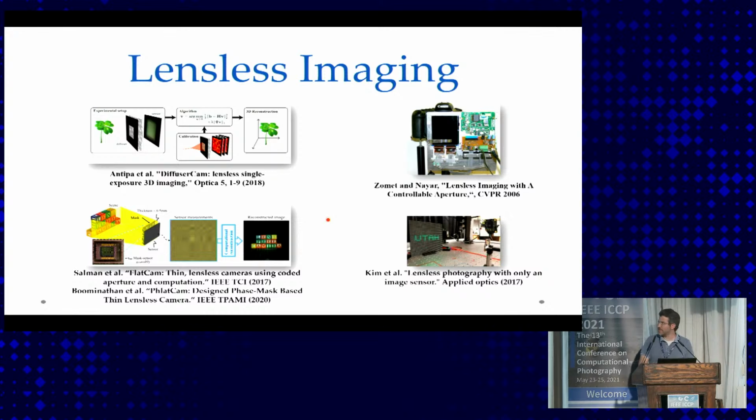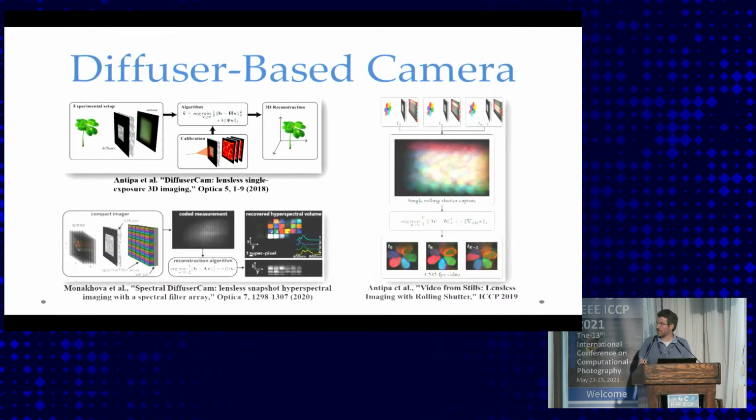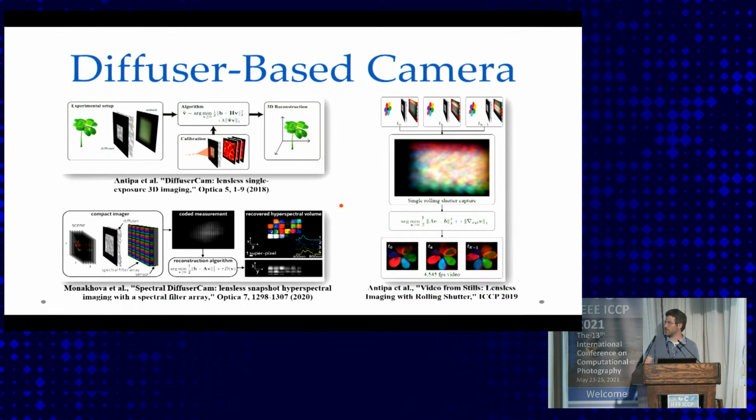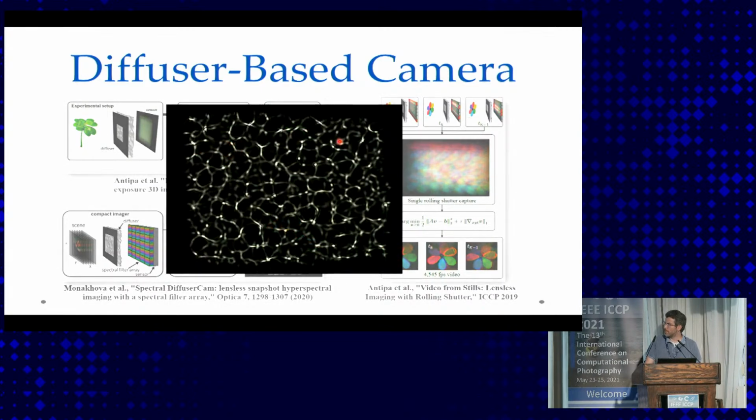We'll concentrate in this work on the DiffuserCam approach from the Computational Imaging Group at Berkeley, which is based on a simple random diffuser placed a few millimeters in front of a bare sensor. The principle behind all of these diffuser-based cameras is the PSF of the diffuser, which has a random caustic-like pattern, which is both wide but has many narrow features which enable the reconstruction of a sharp image even from a partially sampled image.